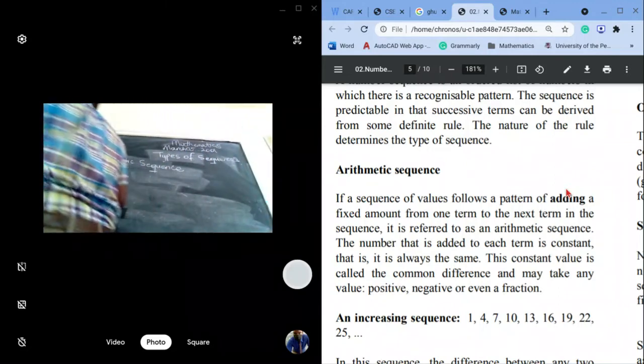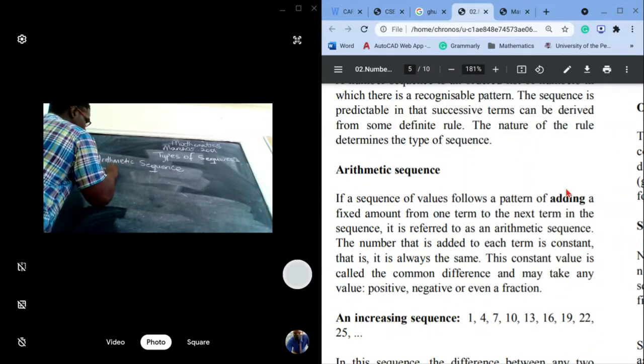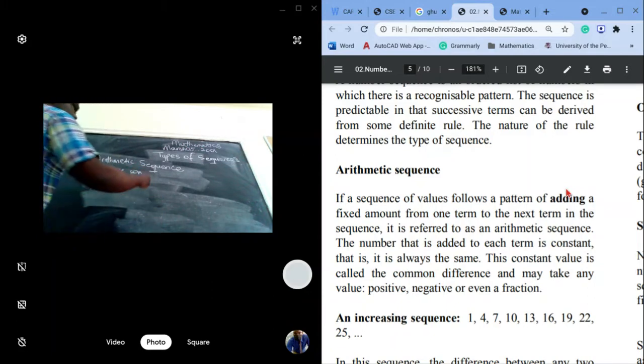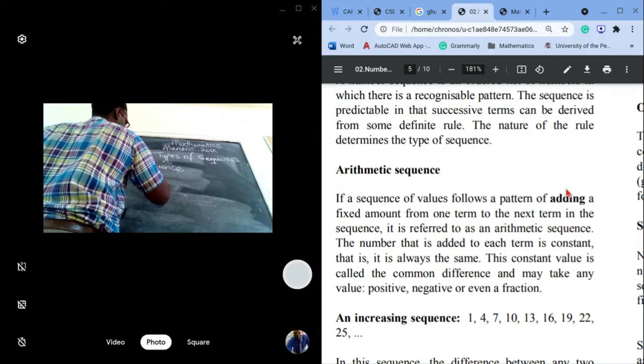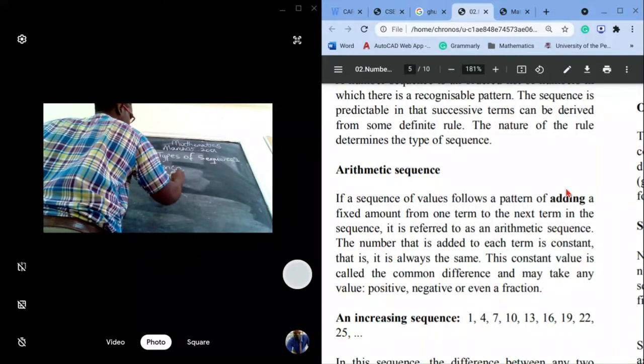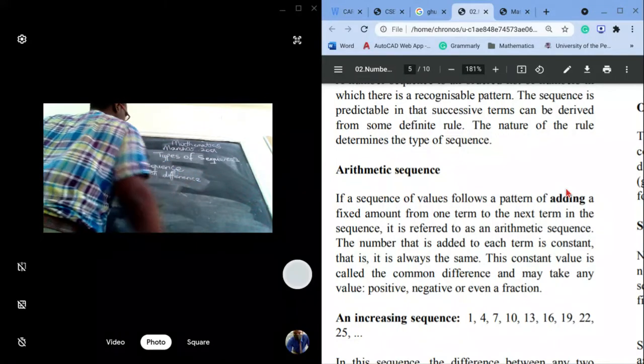Let's give an example of a positive common difference. Take this note out for me: positive common difference. Then we're going to give a negative and a fraction.